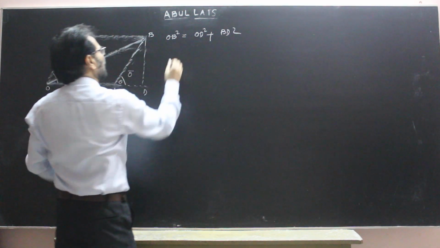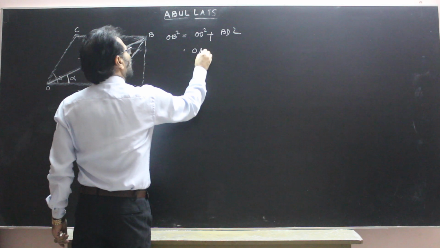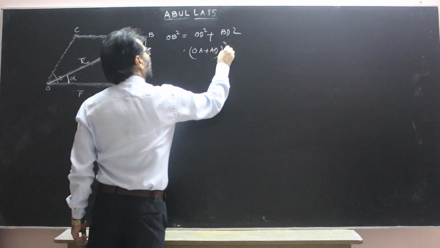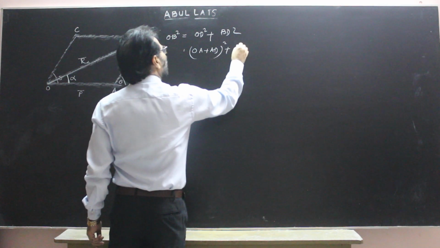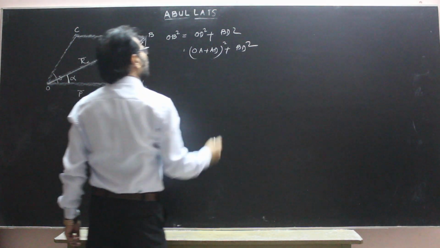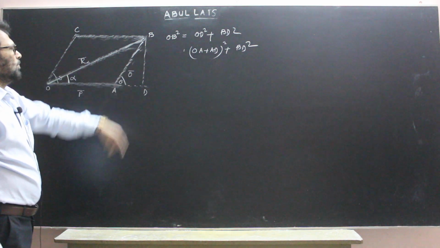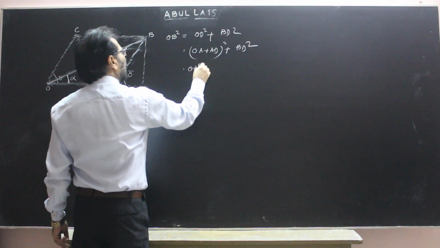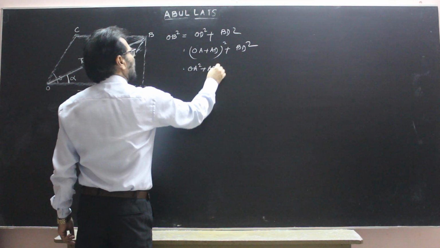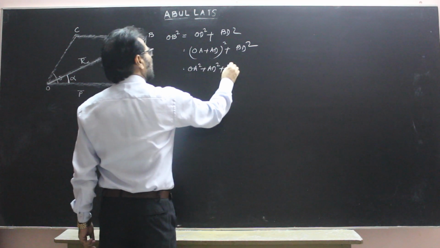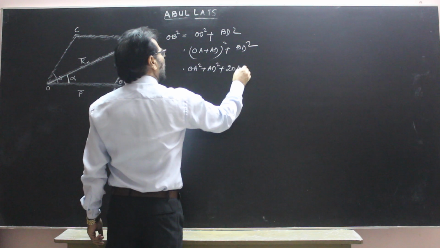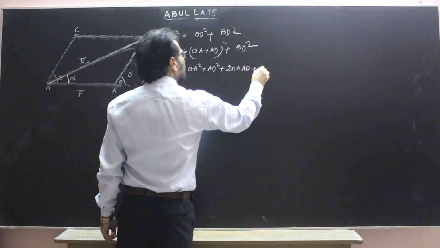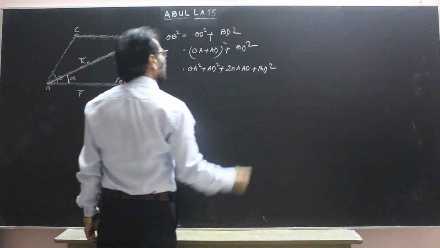So OD square plus BD square is OA plus AD whole square plus BD whole square. And so it is OA square plus AD square plus 2 OA AD, and this is BD square.